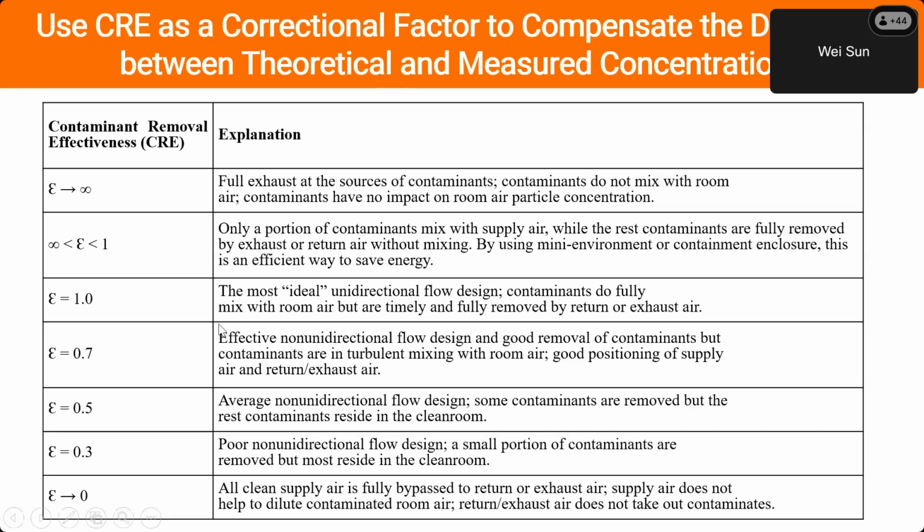So this is the entire table. Most of our research is by ASHRAE or other European counterparts. Most of these effectiveness values range from 0.7 to 0.3. So most clean rooms, even if you design them as unidirectional, are not fully unidirectional.